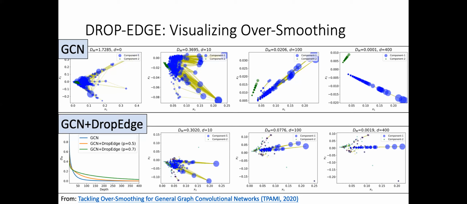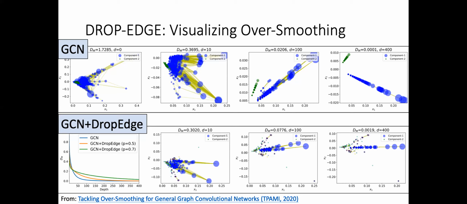It is clearly shown that when D equals 400, after applying a very deep GCN, the nodes of different components become collinear on two different lines. This is on this line and this is on this line, which means the bigger the node is, the farther it is from the zero point. This observation is consistent with our previous theorems.